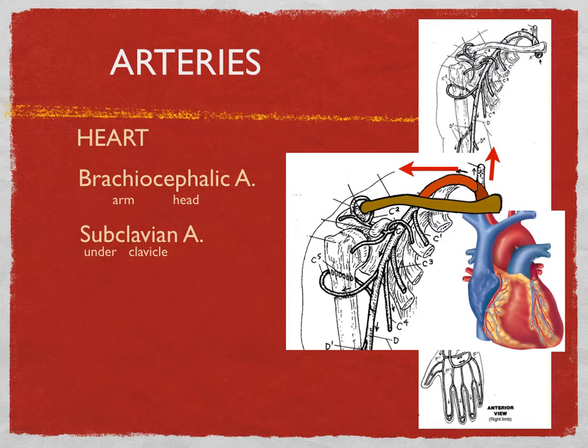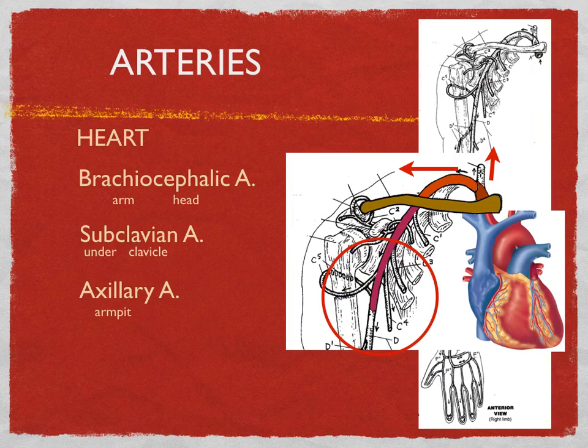The subclavian leads to a portion of the same tube called the axillary artery, and of course you and I know that means armpit. So the axillary artery is passing down and then into the medial side of the arm.